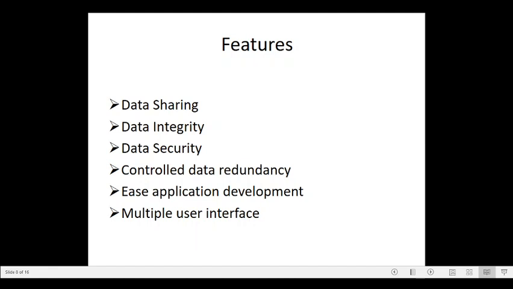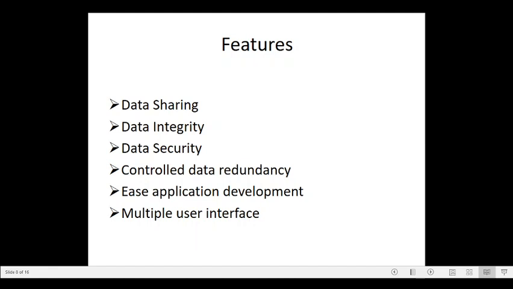the stored location. DBMS also facilitates ease of application development by overcoming some of the limitations on concurrent access, security, data integrity, etc. The other feature of DBMS is that it is a multiple user interface.